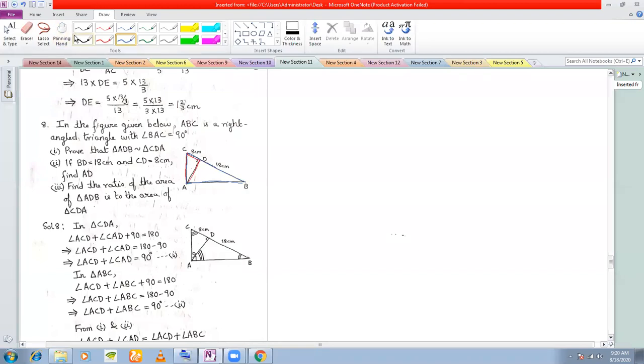But suddenly now they are asking you to prove that these two triangles, the two triangles within the bigger triangle, are similar. Now, how do you prove? So which angles do I have at my disposal? I have this 90 degree in these two triangles. These two are 90 degrees.